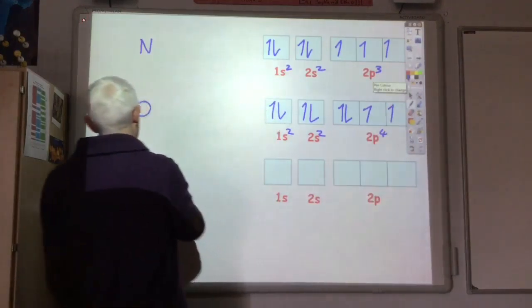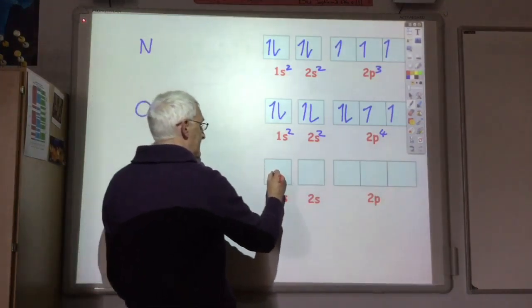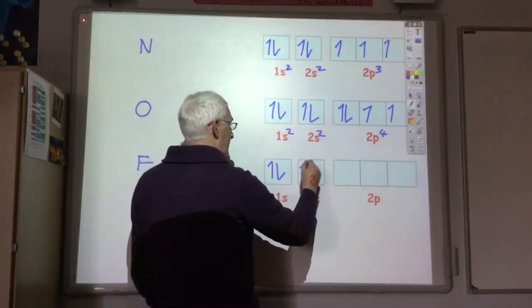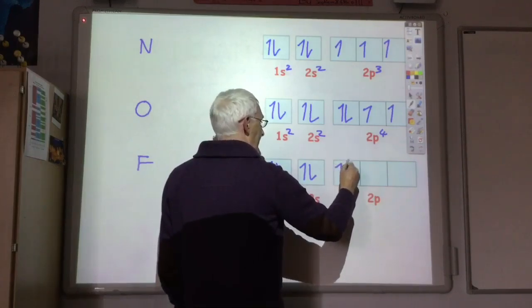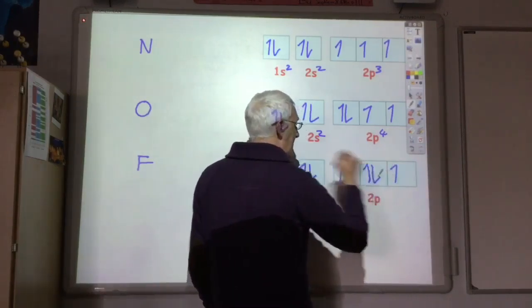Then we have fluorine with its 9 electrons. 1, 2, 3, 4, 5, 6, 7, 8, 9.